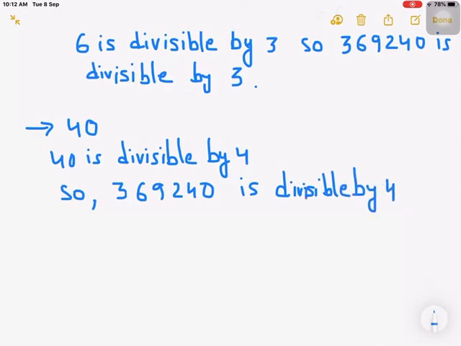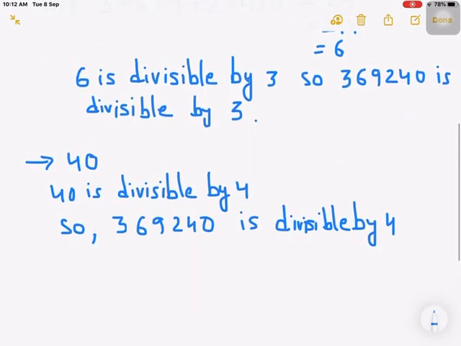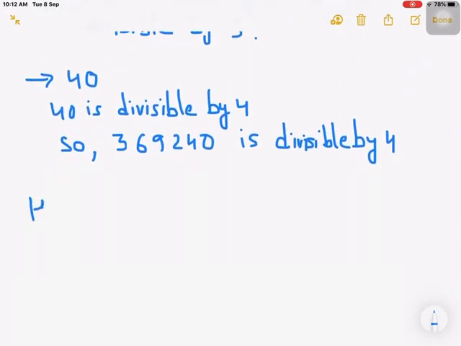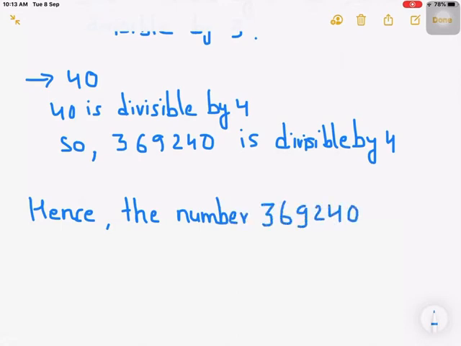By 4. Now it is divisible by 3, it is divisible by 4. Yes, it meets both conditions. Hence the whole number 369240 is divisible by 12, isn't it?